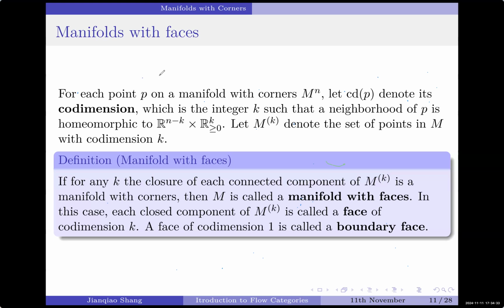Before the formal definition of the flow category, we want to do some more detailed discussion about manifolds with corners. We recall that the definition of a manifold with corners is that it's locally homeomorphic to this, and let k be the codimension of a point p.